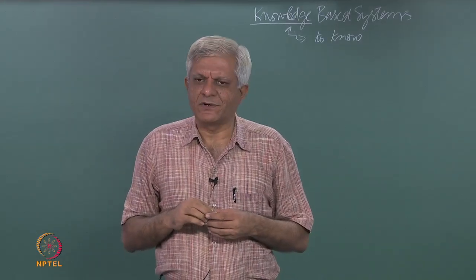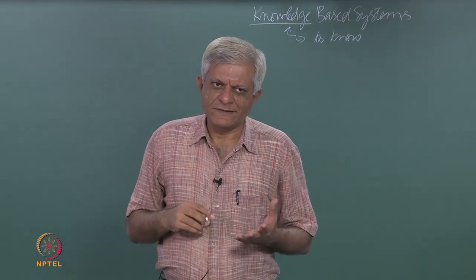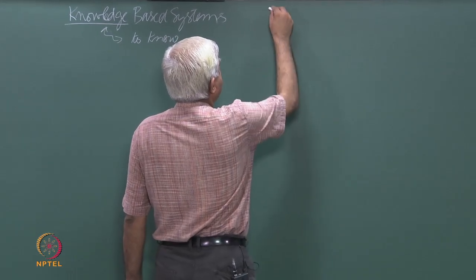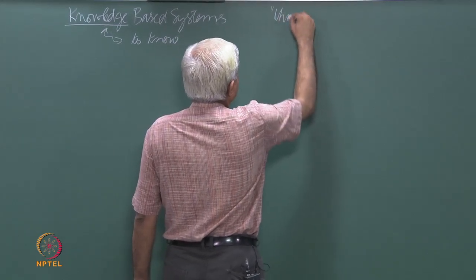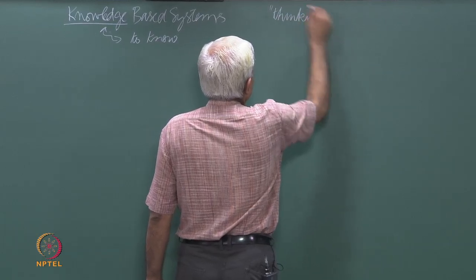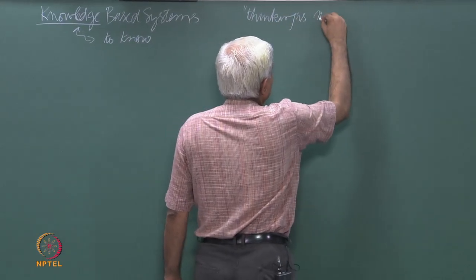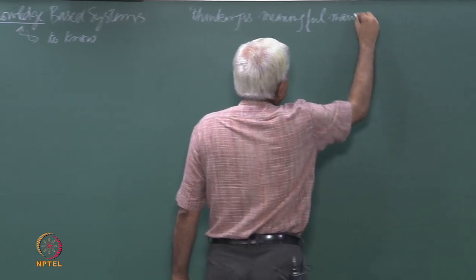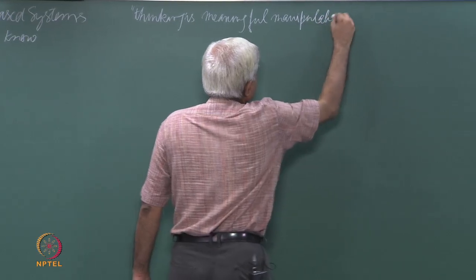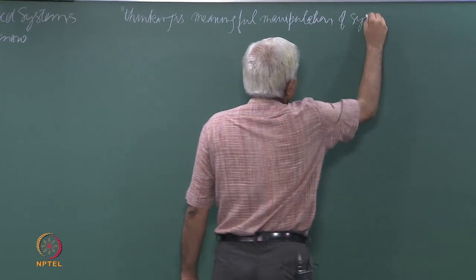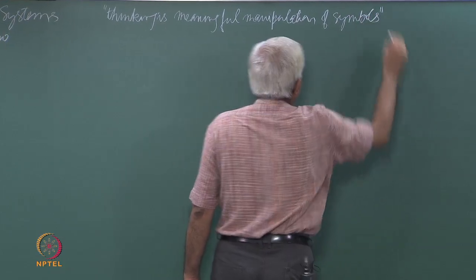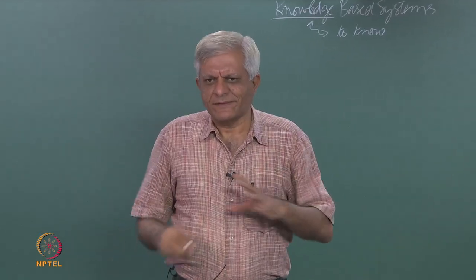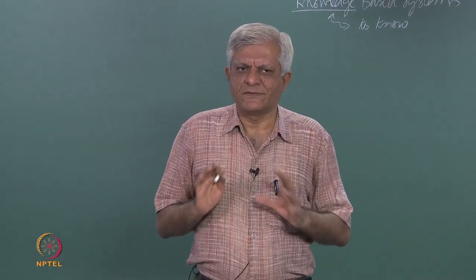So, if you remember, we had said that when philosophers 200-300 years ago were wondering about what is mind, what is thinking, Hume and Descartes and Hobbes said thinking is meaningful manipulation of symbols. So, if you recall this, we are sort of coming to this approach of what we mean by thinking.